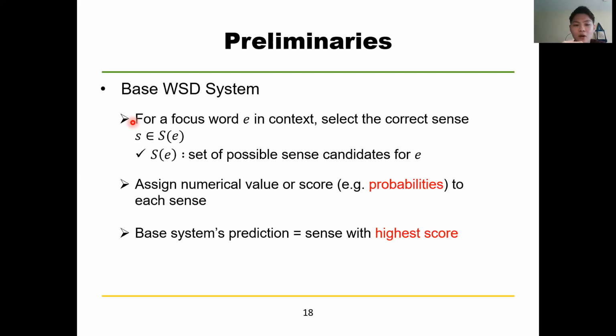The way the base WSD system chooses the correct sense is that first it assigns a numerical value or score, like probabilities, to each sense. And finally, it takes the sense with the highest score as the prediction. This kind of architecture is very common for most WSD systems. So we assume our method can be applied to any WSD system following this architecture.